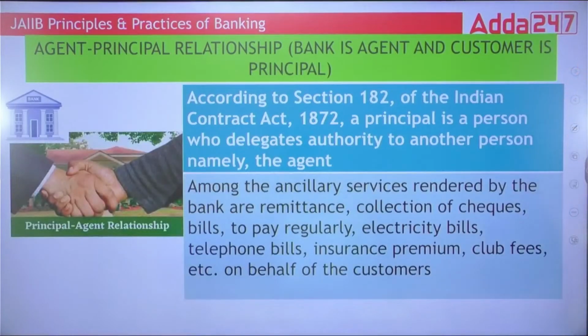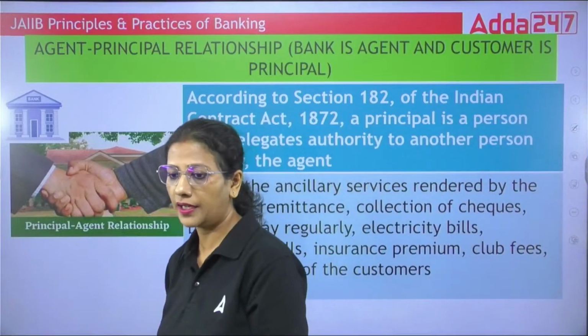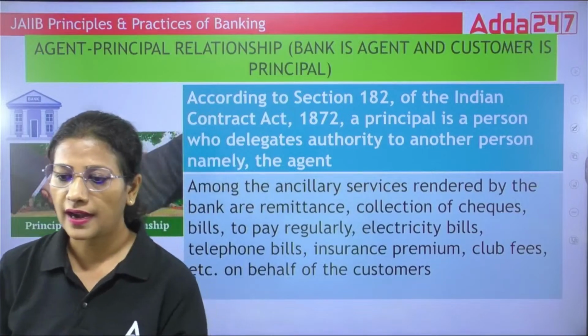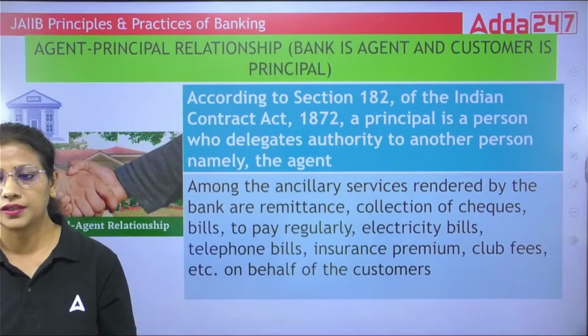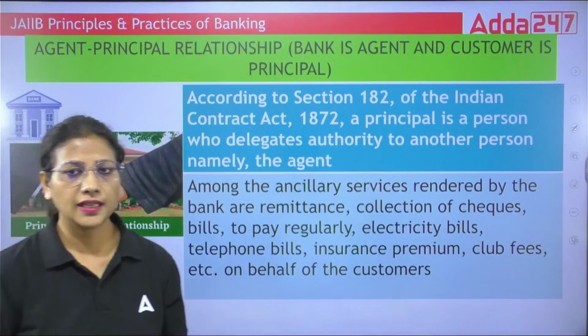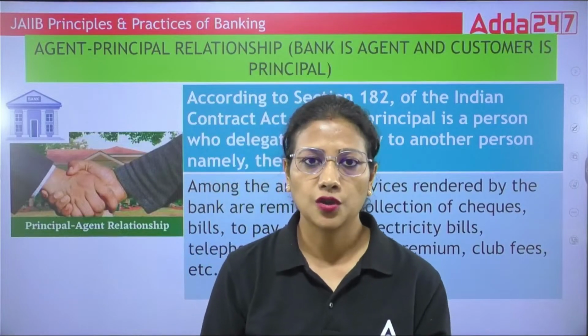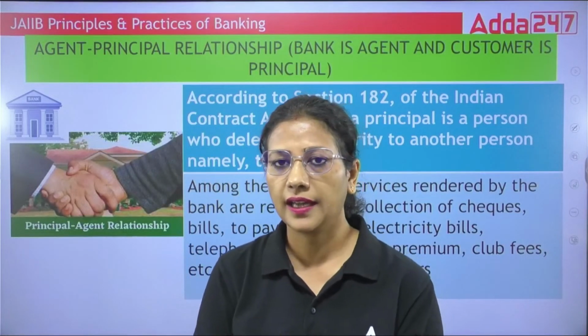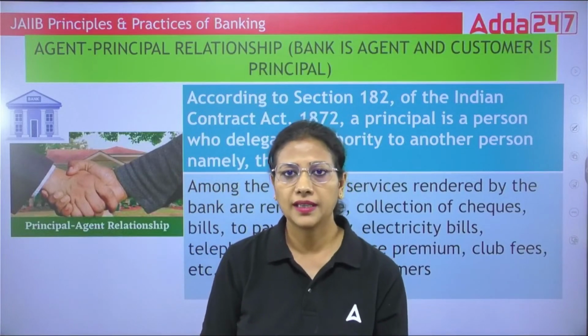Next comes the agent-principal relationship. According to Section 182 of the Indian Contract Act 1872, a principal is a person who delegates authority to another person, namely the agent. Suppose you want some work to be done. Suppose you have started a company and you cannot be there all the time.